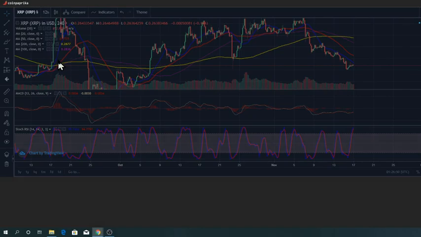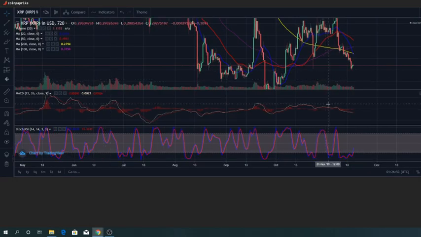But if we move back and look at the 12-hour time frame, you can see that the stochastic RSI is moving away from the oversold position and now moving towards the normal trading area. At the same time, the bad news here is that the 20-day moving average is now crossing the 200-day moving average, which means it has already crossed the 50 and 100-day moving averages. That's bad news on the 12-hour chart.